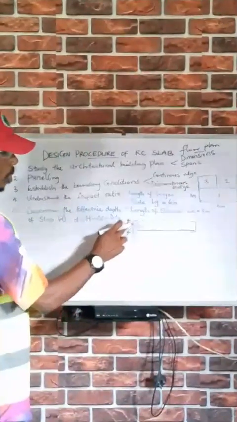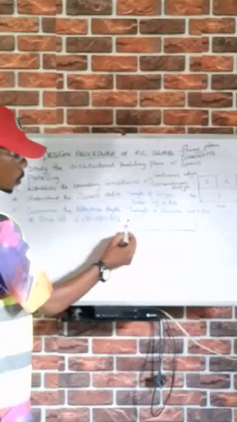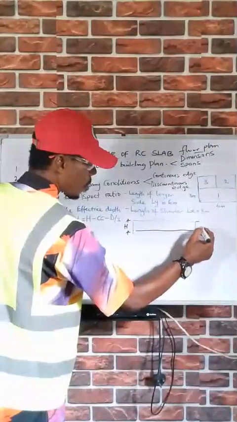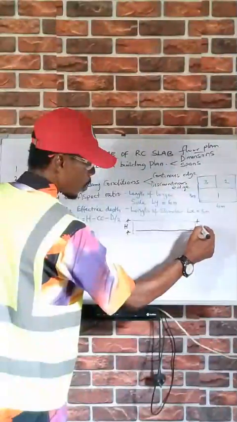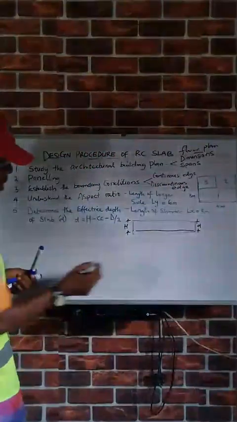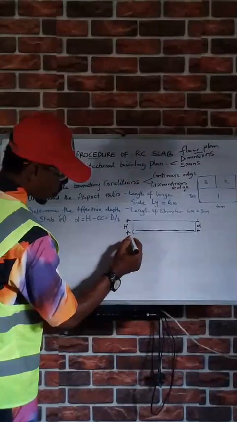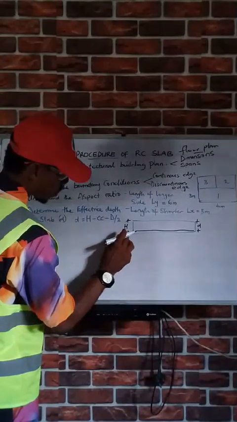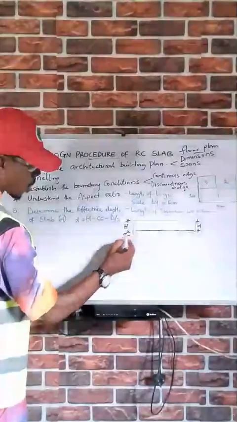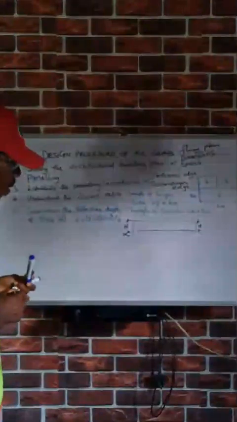Then from this top to half of this reinforcement becomes your d. Then this point to this point becomes your cc.